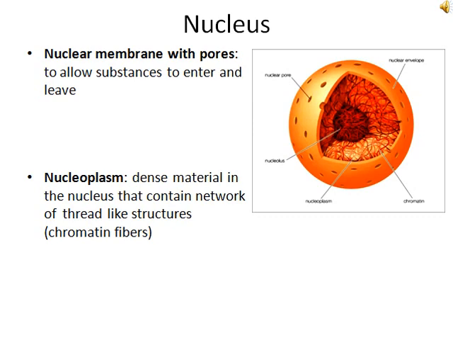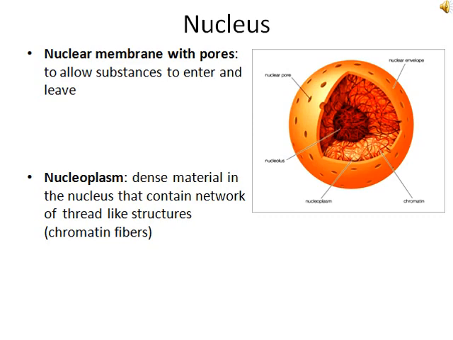In the nucleus, there is a dense material that is called nucleoplasm. This nucleoplasm contains a network of thread-like structures called the chromatin fibers. The chromatin fibers are made up of DNA threads. They condense to form the chromosomes that carry the hereditary information or genes.